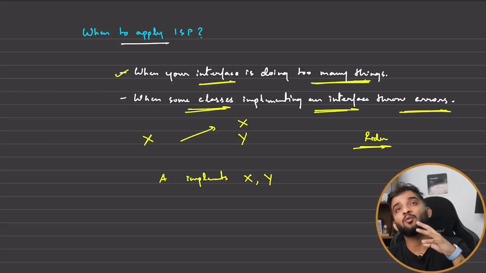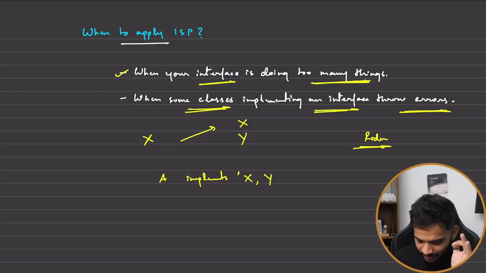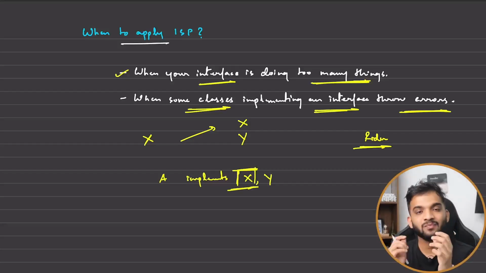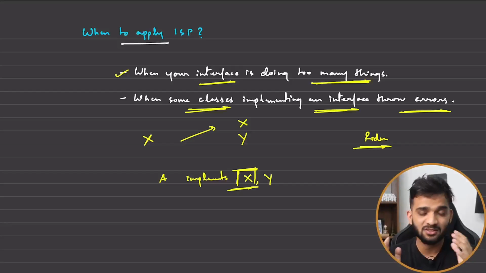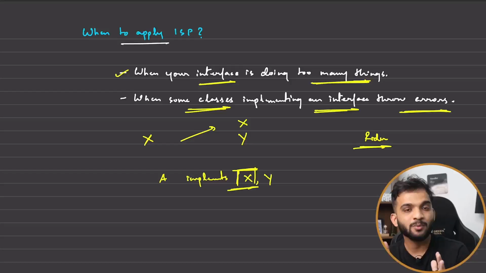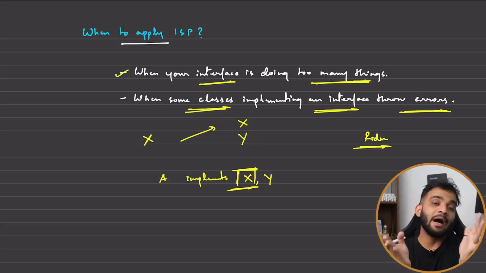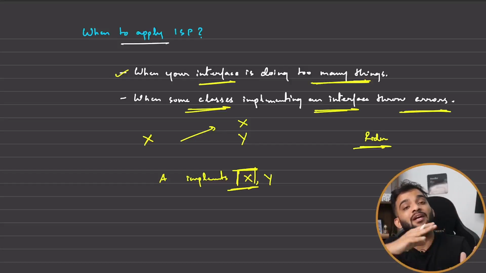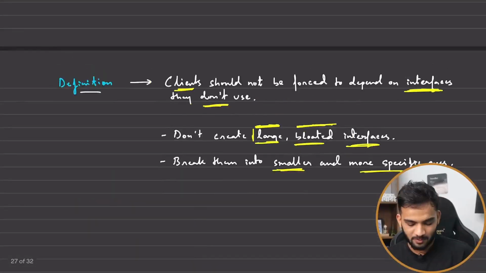So that is where you'll have to understand if any of your clients, while implementing any of the interfaces, is throwing an error saying, hey, we don't want this, we don't want to implement this, this is not our functionality. That's when you understand maybe a portion of that code can fall under ISP and I can segregate that into a new interface. That's where you'll have to think. Understood? Perfect. So that is when you will be applying ISP.